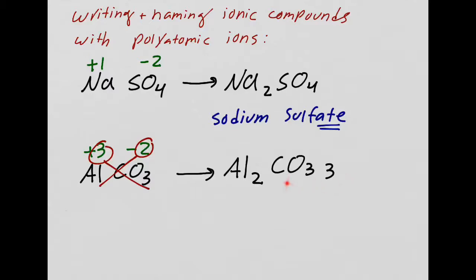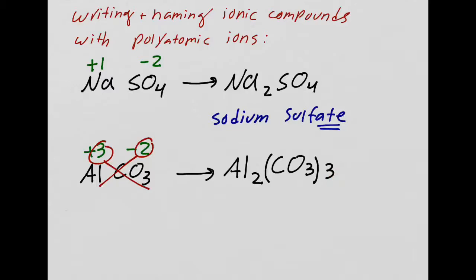This is weird, isn't it? Because CO3 already has a number, and you want to bring another number next to it, this looks really weird. So to avoid this, we put parentheses around it. What that means is, I cross multiply the charges, and I have 3 carbonate.